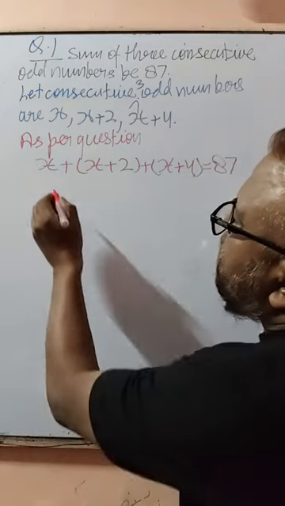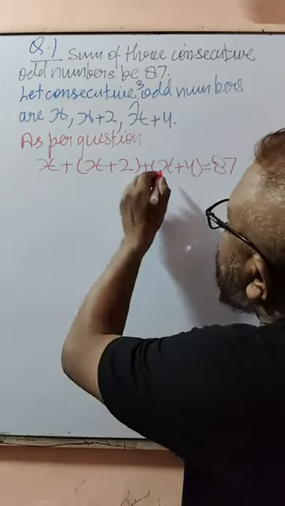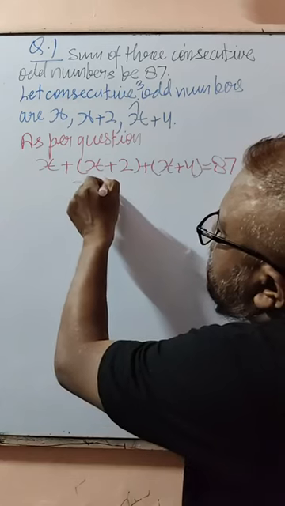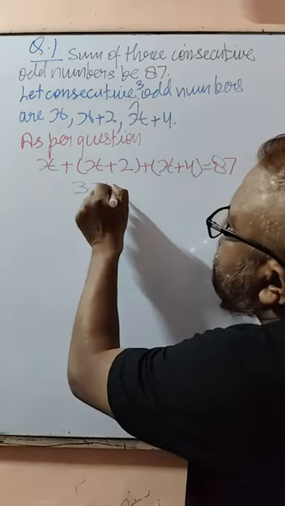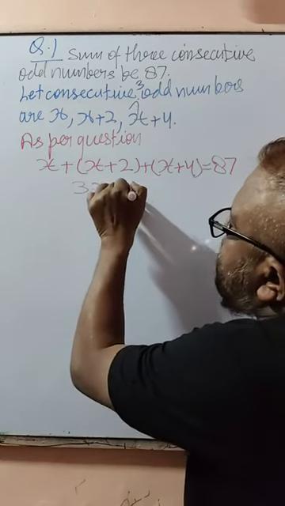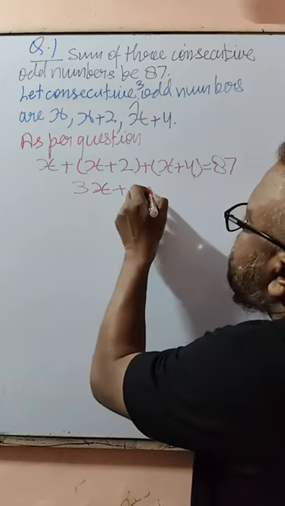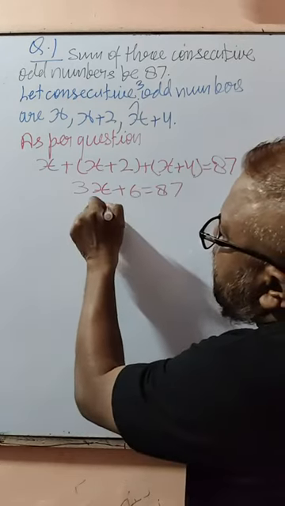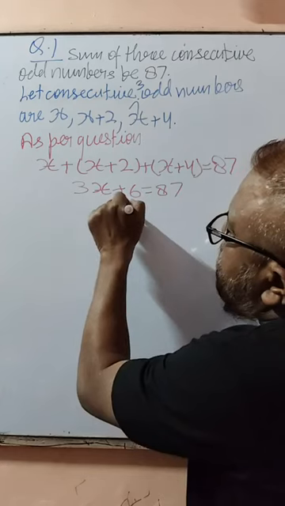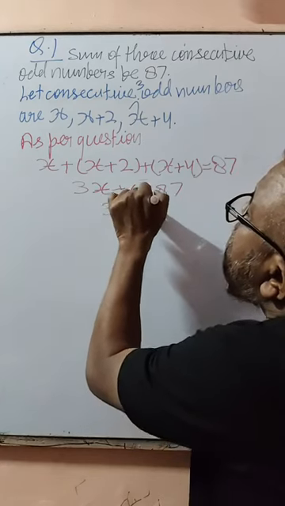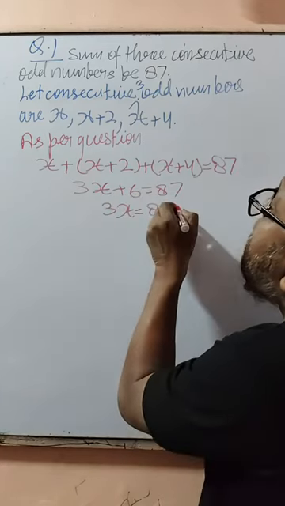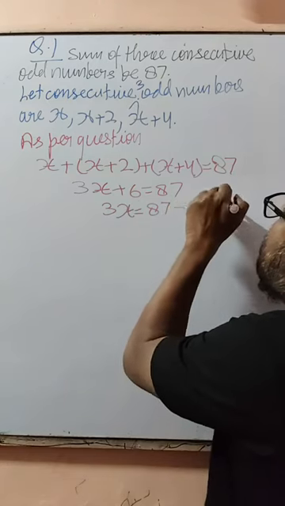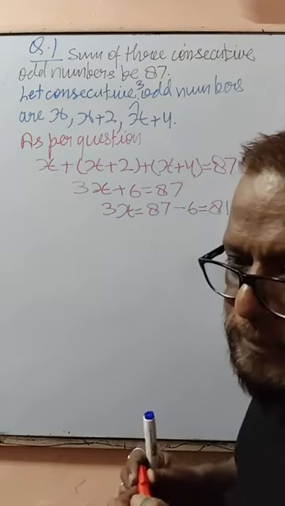So there is 3x plus 6 is equal to 87. So 3x is equal to 87 minus 6, which is 81.